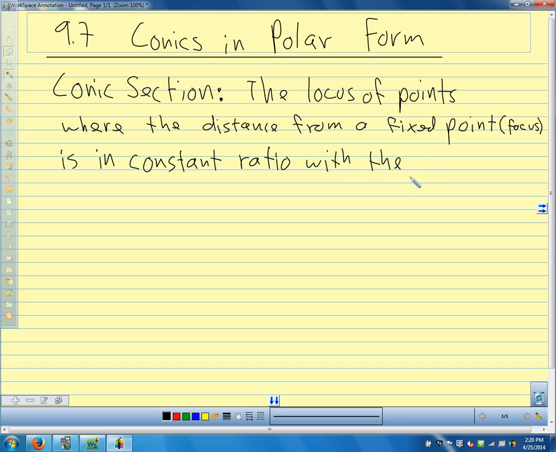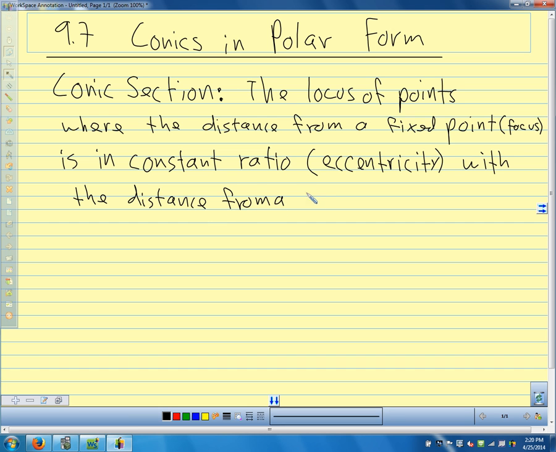Oh, and I forgot one thing, the constant ratio is the eccentricity. So our eccentricity is our constant ratio with the distance from a fixed line. And our fixed line is the directrix.